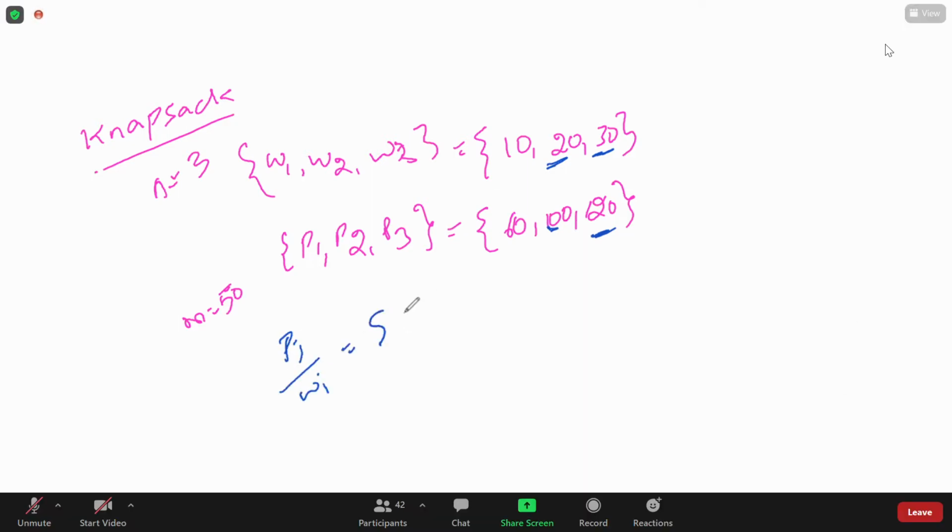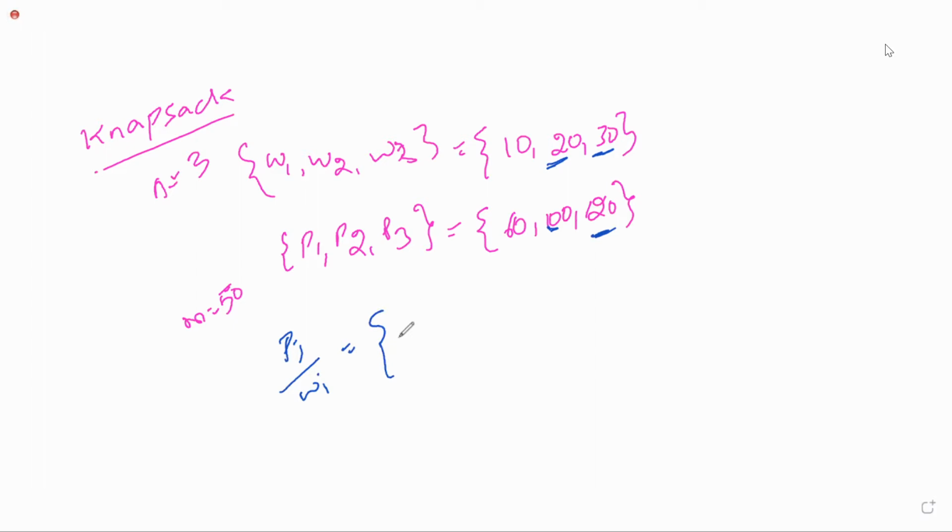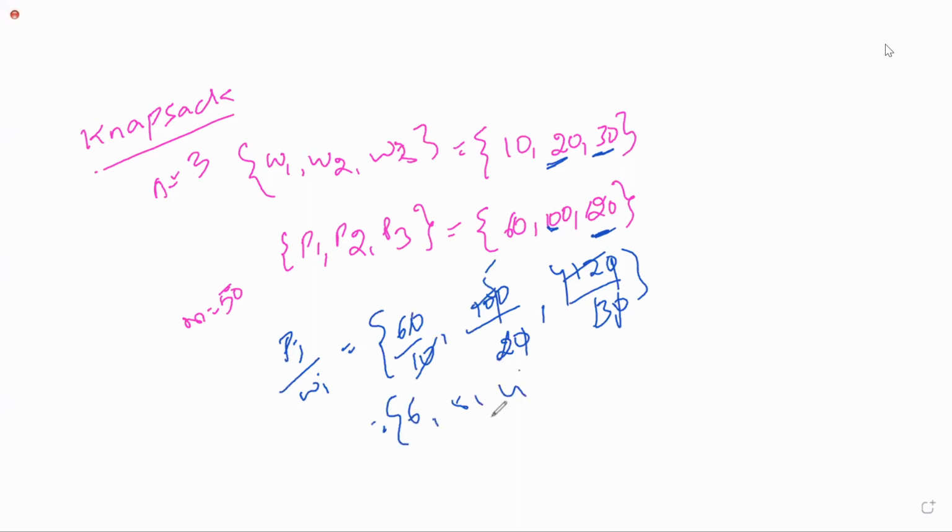Pi by Wi means 60 by 10, 100 by 20, 120 by 30. What will you get? Here you will get 6, here 5, here 4. Now tell me which one is paying the highest profit. Item 1. Item 1 is paying me the highest profit.